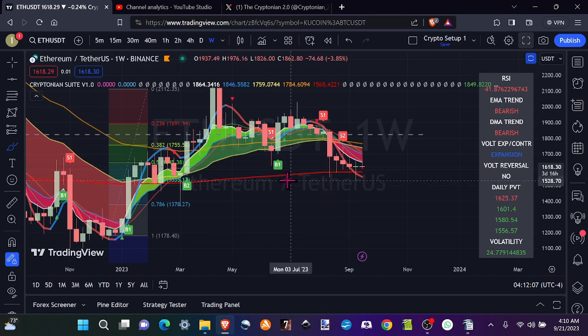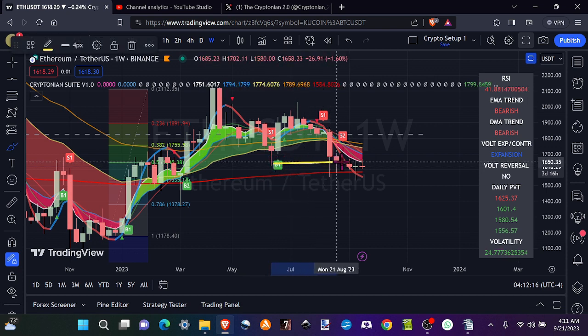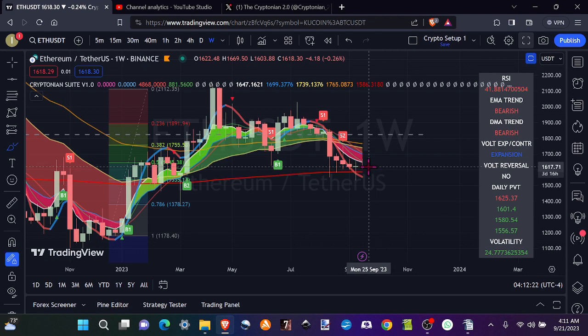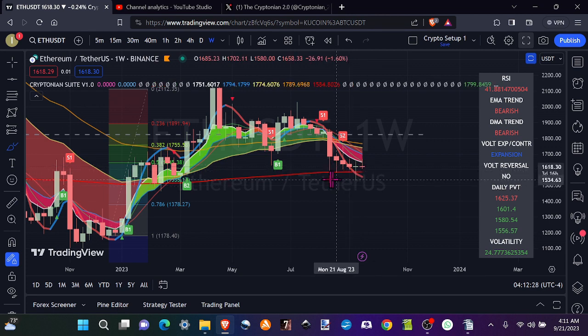And of course, the 0.5 is a little bit higher than that, and that is at 1638. And that corresponds right across to where we are now. We're between the 200 moving average and the 0.5 Fibonacci retracement level. And so that's why we're seeing this type of purchasing behavior come in on the weekly.